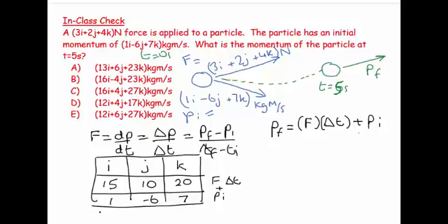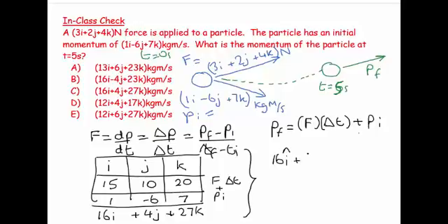So that means I have 16i plus 4j plus 27k.